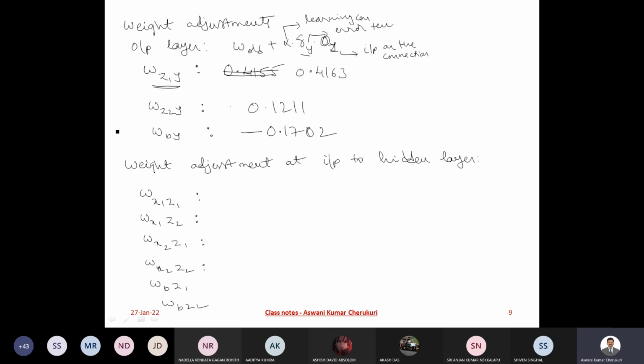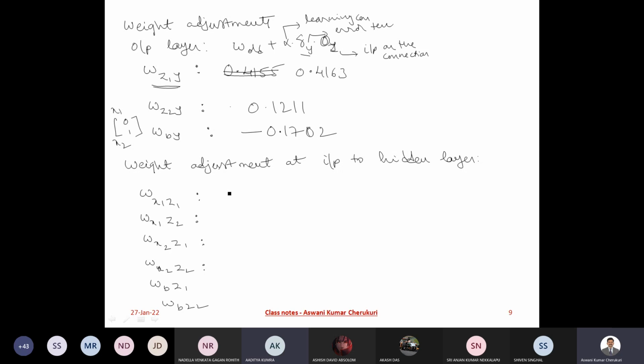So what is the input pattern we have given? It is 0, 1, right? X1 X2. So what is the new weight for X1 Z1?